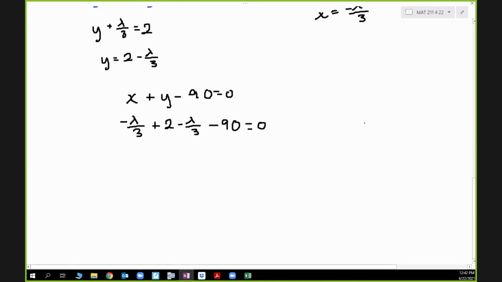At this point, I want to remind you of an algebra technique that might help in some of these problems. This one would not be too bad to put those lambdas together since they have the same denominator. But I just realized we can add together that 2 and the negative 90, so let's do that first.